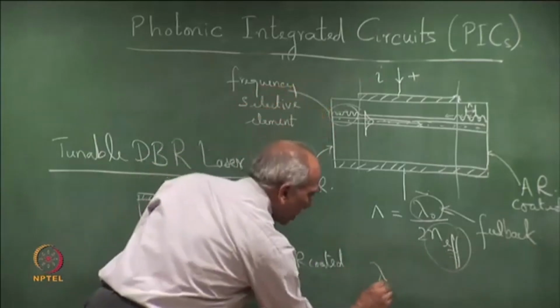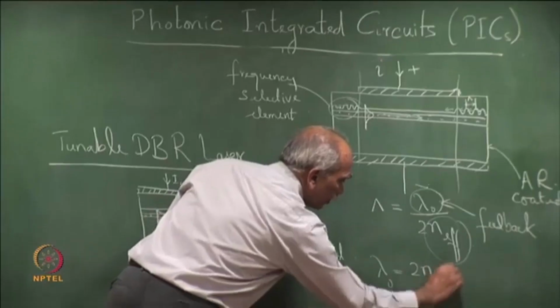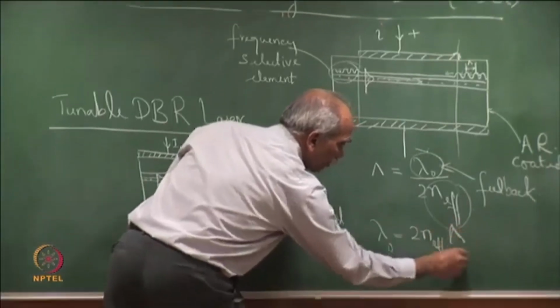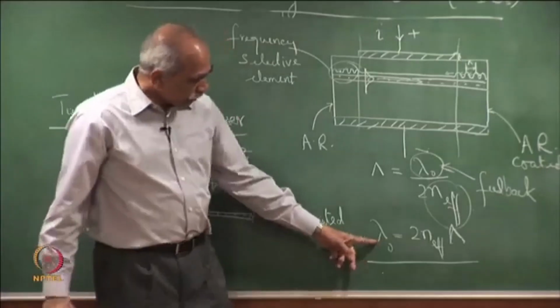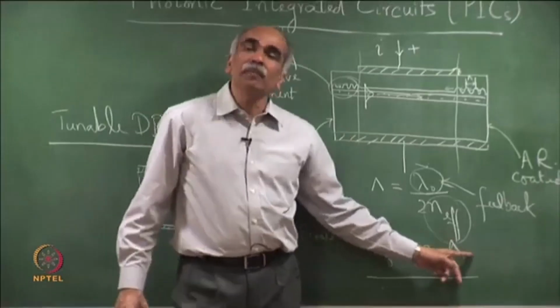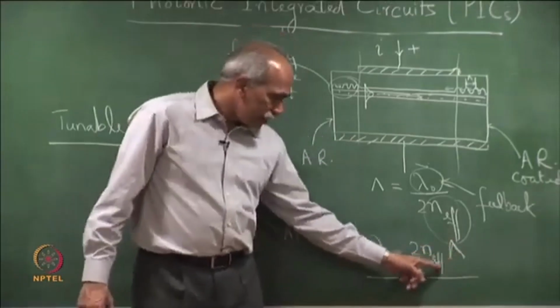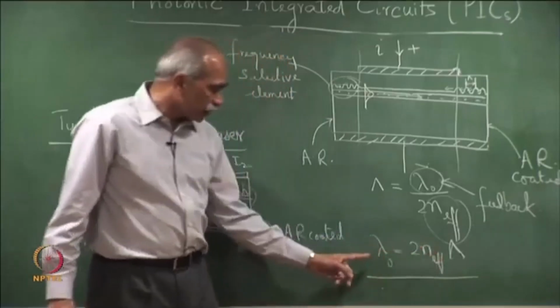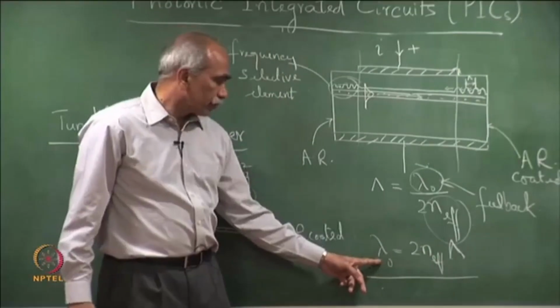So, we have lambda oscillation is equal to twice N effective into lambda here. The lambda oscillation can be varied by varying the N effective. Lambda, the grating period, is fixed. By changing this N effective, it is possible to vary the frequency of oscillation.